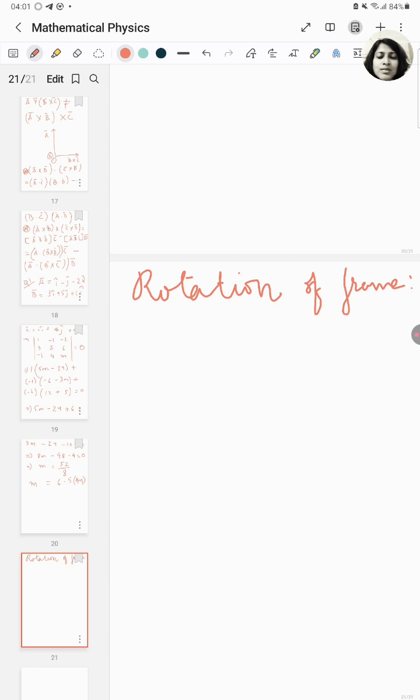It is simply a coordinate system with x, y, z axes, relative to which we measure the position, velocity and acceleration. Now imagine, instead of observing motion from a fixed coordinate, we observe it from a system that is rotating. That is what we call a rotating frame of reference.